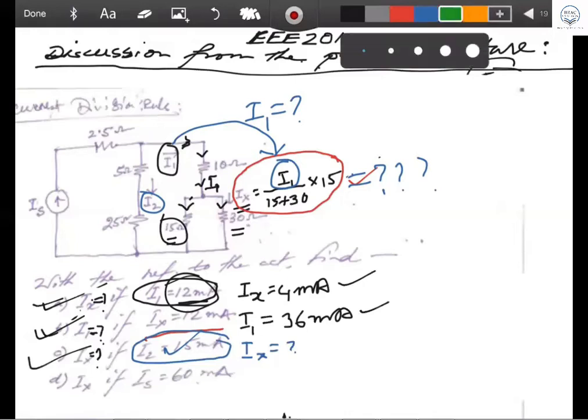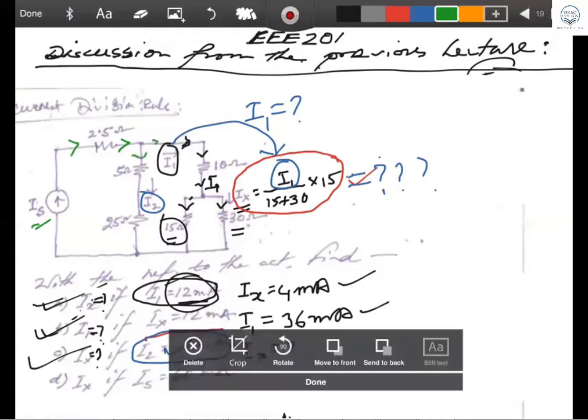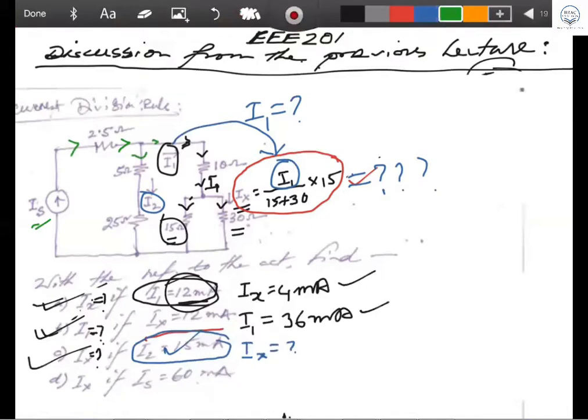Now look at the circuit here. The main current coming from this circuit, let's say Is, is coming through that and divides into two parts.